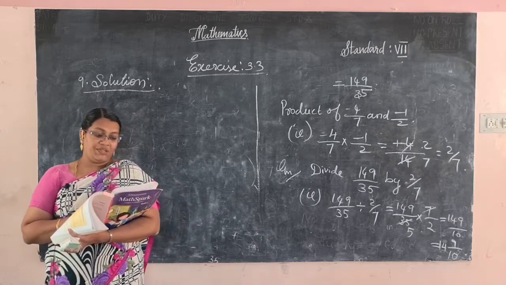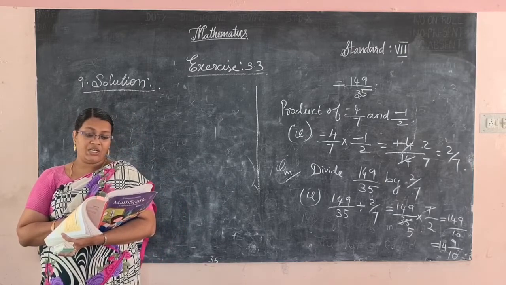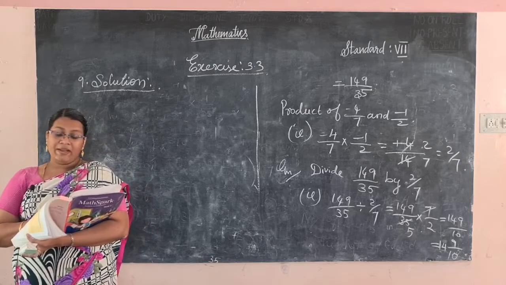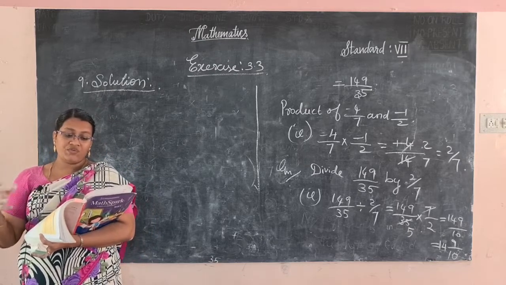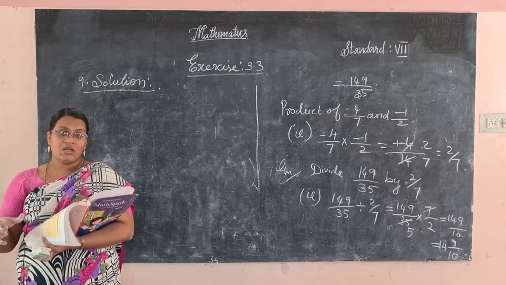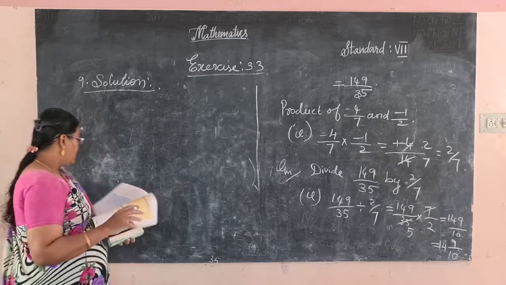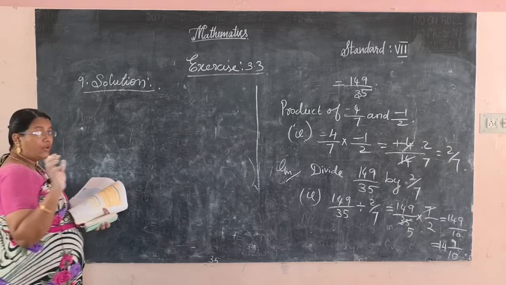What part of the pocket money did she spend on the dress? That is the question. So listen, the total pocket money is 3 by 4 part.